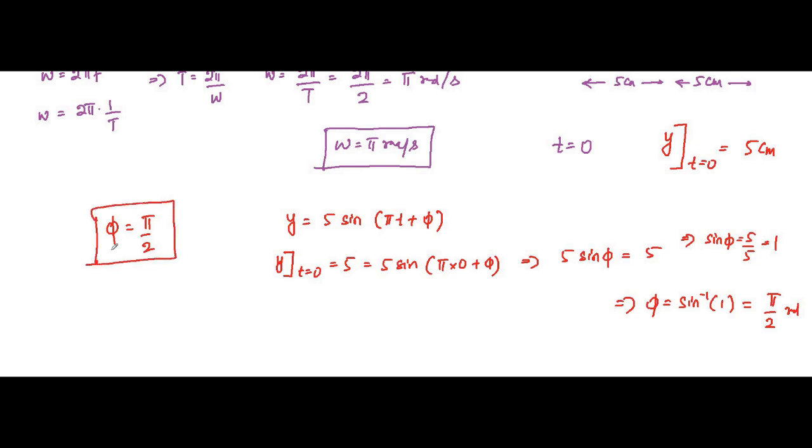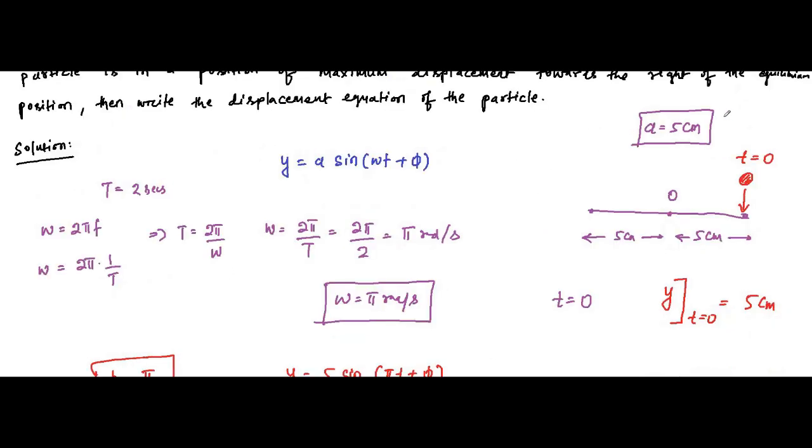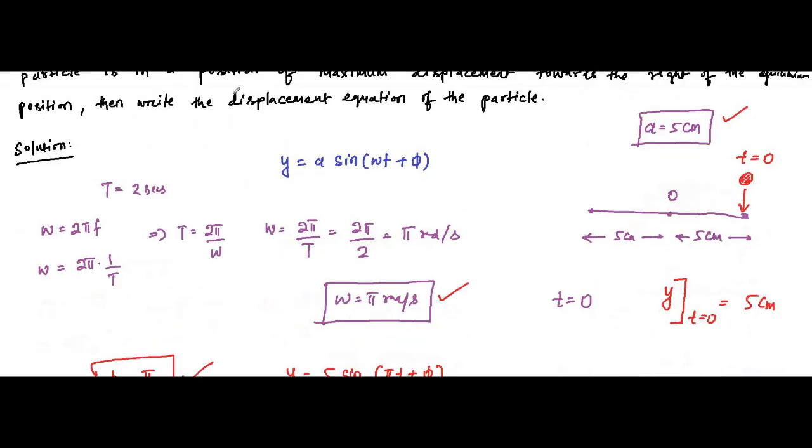So now we have got the amplitude, the angular frequency and the initial phase angle, all the parameters required for writing the SHM equation.